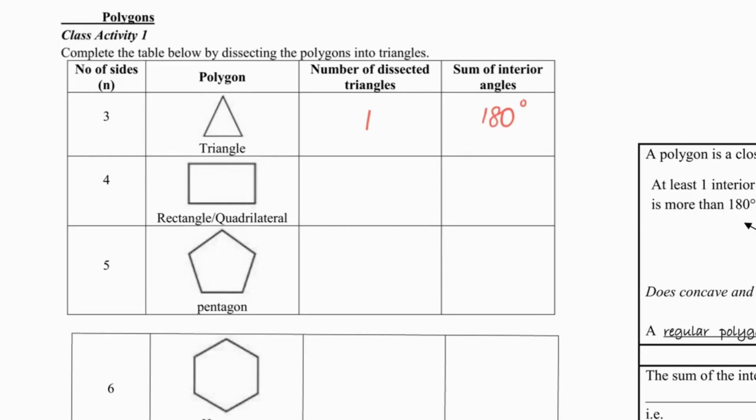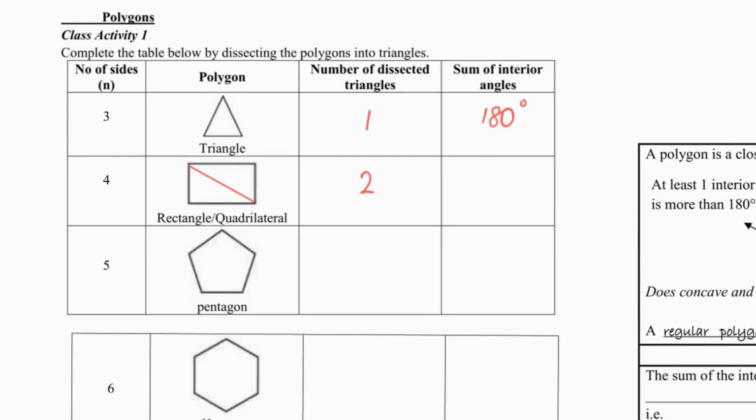Now I'm going to dissect this rectangle or the quadrilateral into triangles. How? I'm going to just dissect it now, like this. So how many triangles are there? 2. And what is the sum of the interior angles?